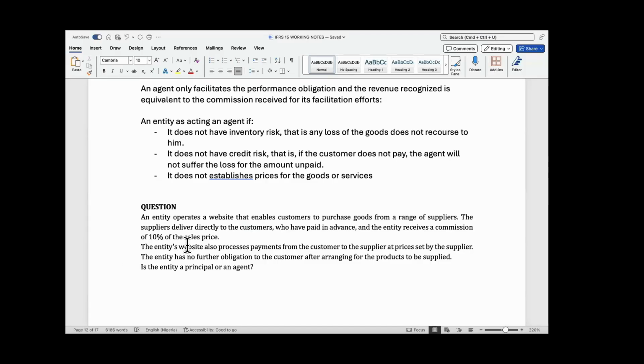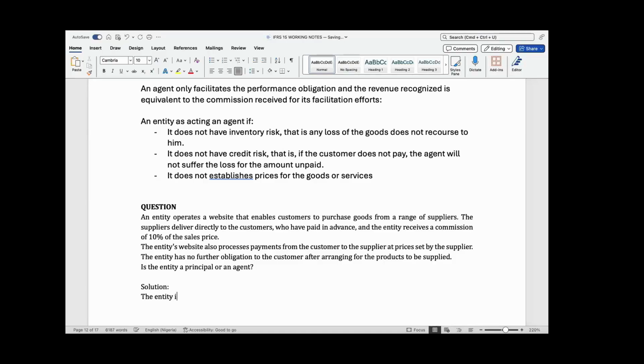The entity's website also processes payments from the customer to the supplier at prices set by the supplier. The entity has no further obligation to the customer after arranging the product to be supplied. Is the entity a principal or an agent?